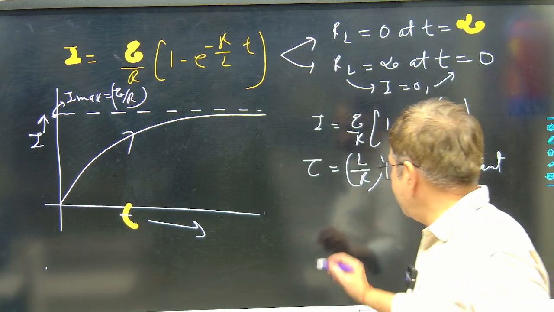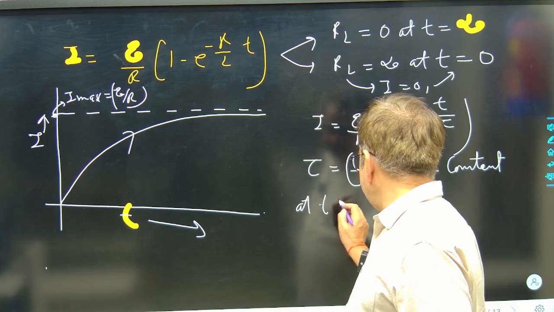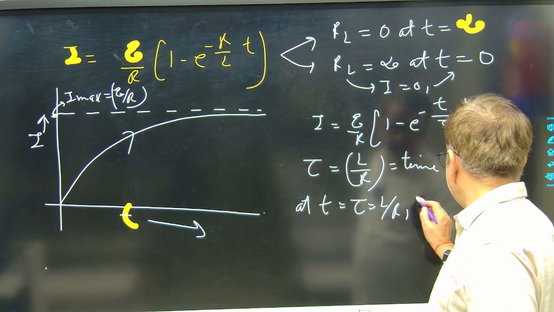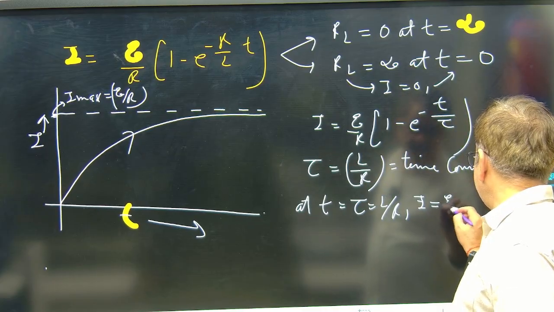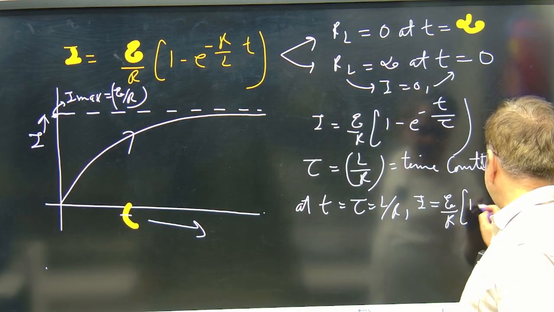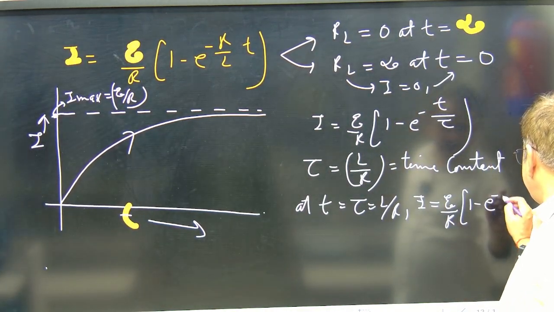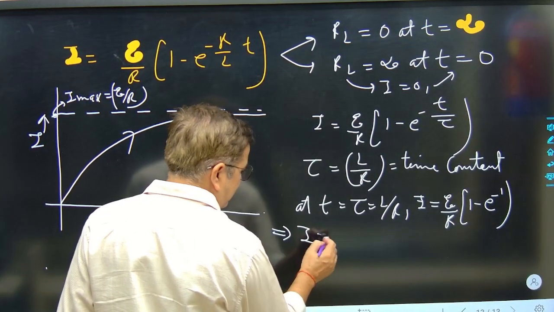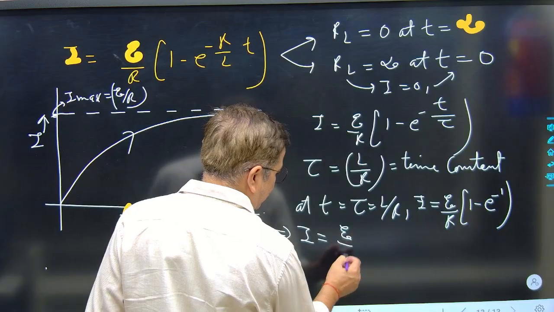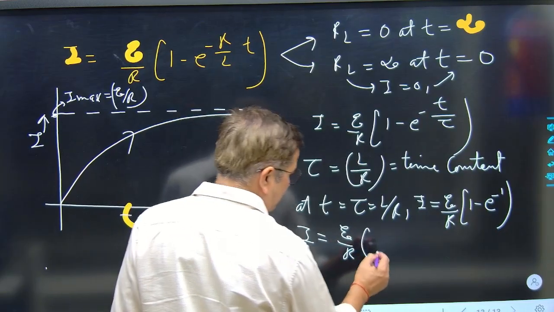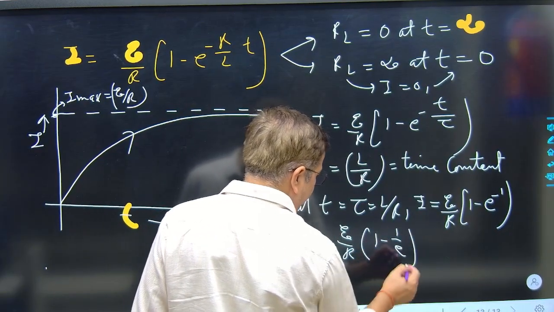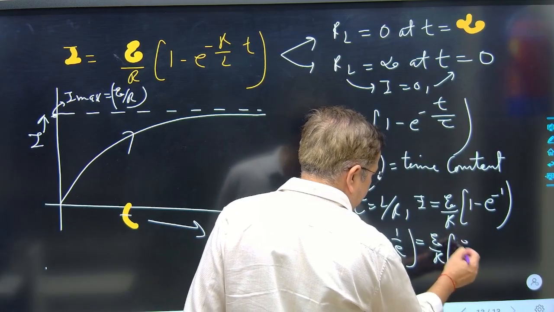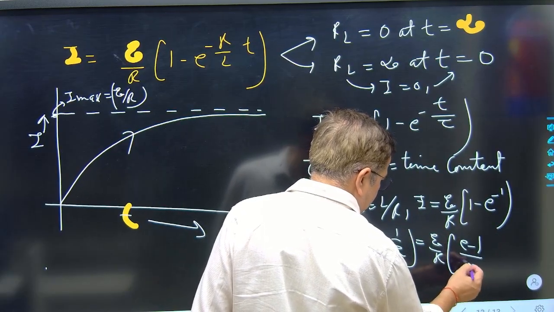And also we can say at t equal to 1 tau, equal to L by R. If I put that, the current value will be E by R times 1 minus e to the power minus 1. So at this time, what do I get as the value of current? It is E by R times 1 minus 1 upon e. Further, if I solve, it is E by R times (e minus 1) upon e.